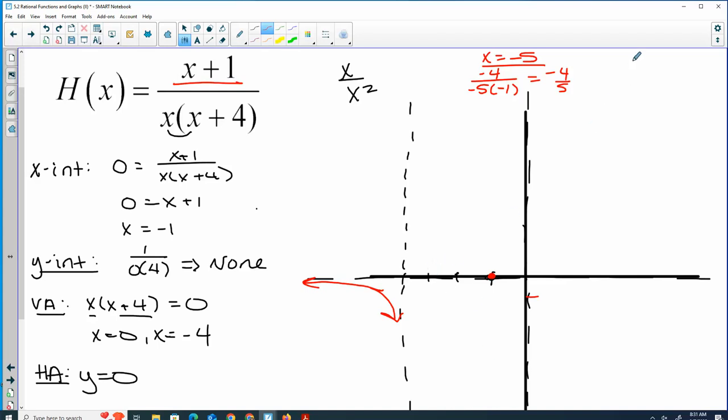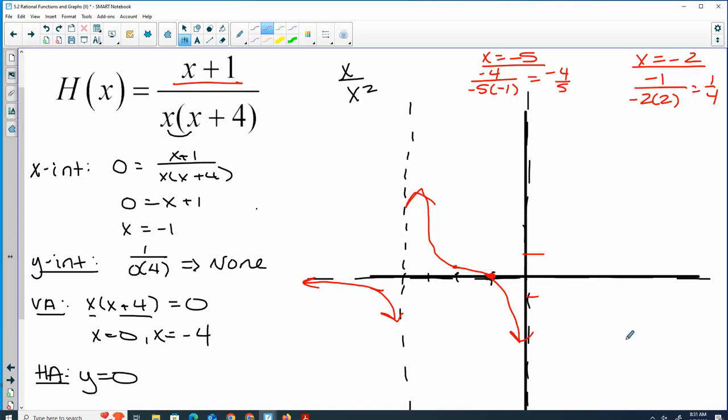If we put in -2, -2 plus 1 is -1 over -2 times 2. So we get a positive 1/4. So -2 is a positive. And I know it's not bouncing because the multiplicity was odd. So it's going to look like this. And you could plug in more points if you needed.